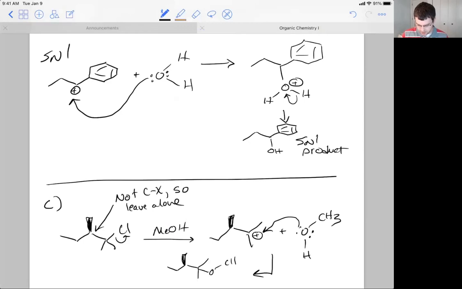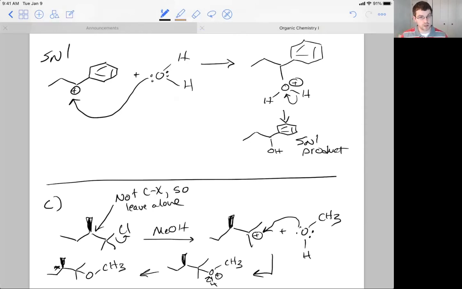Now, after the oxygen adds, we're going to have to lose a hydrogen atom by dumping the electrons between the oxygen and hydrogen bond onto the oxygen atom to neutralize that positive charge and give rise to our new product. But notice, we don't have a racemic mixture.